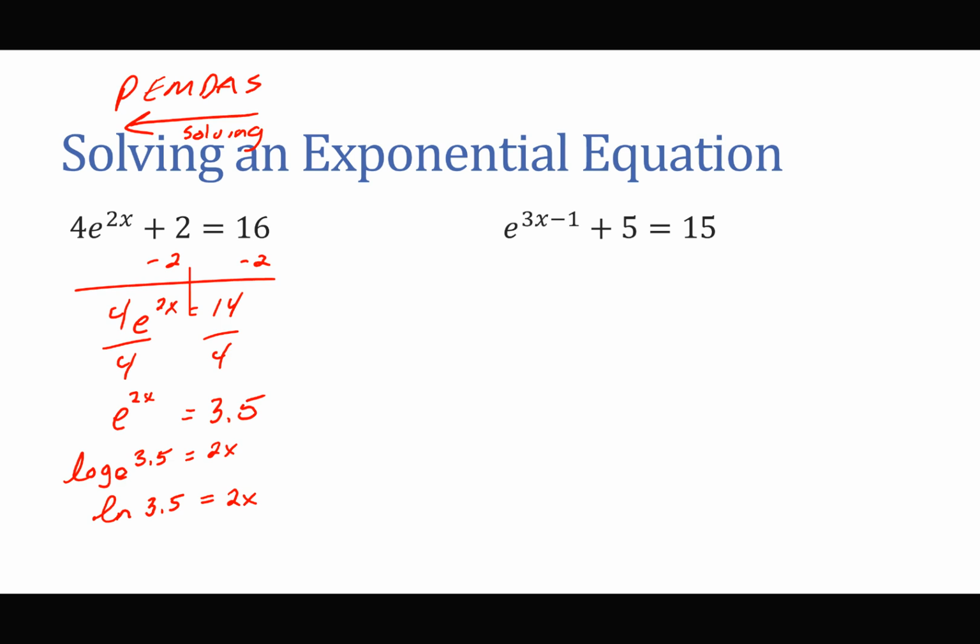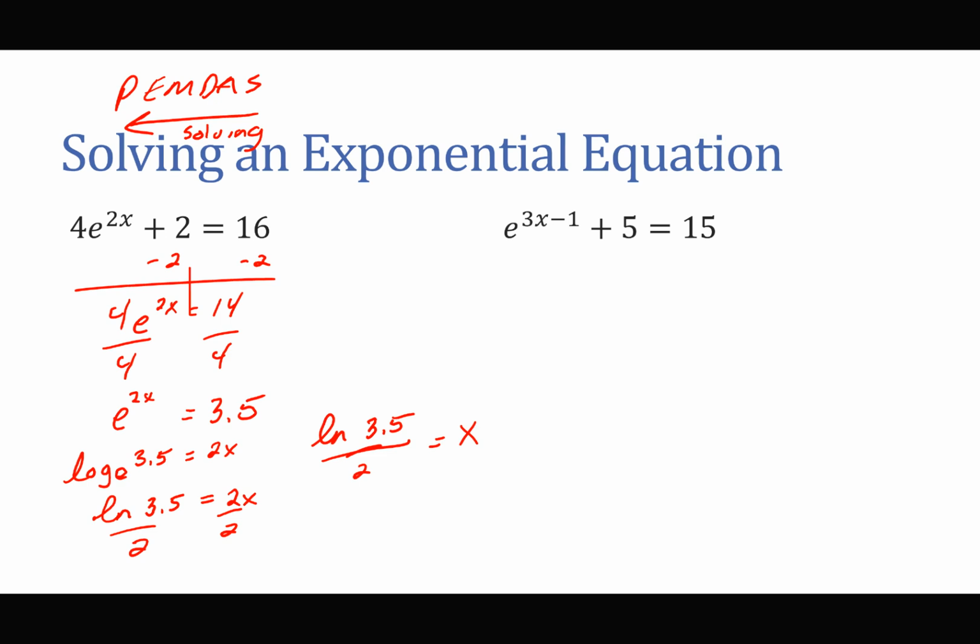Natural log of 3.5, that's just a number. I want to solve for x, so I'm going to divide by 2, divide by 2. And so natural log of 3.5 divided by 2 is equal to x.